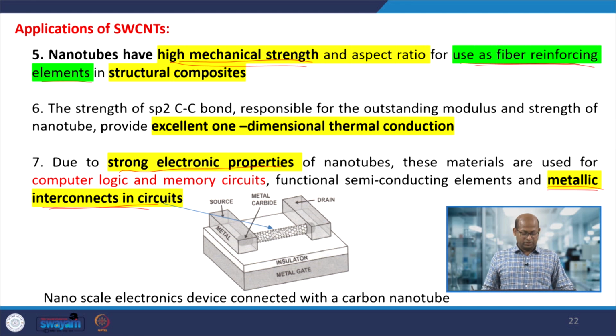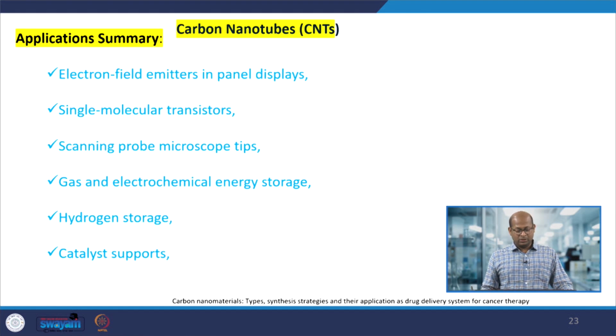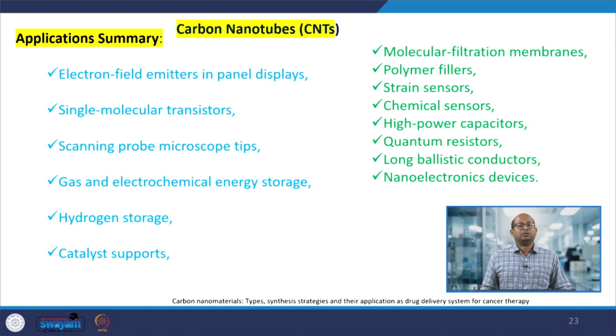Where one metal and another metal need a connection in between, this type of carbon nanotube we can fabricate and use as an interconnect in that circuit. Since it possesses metallic property, that can be used for circuit fabrication. So, these are the other applications.